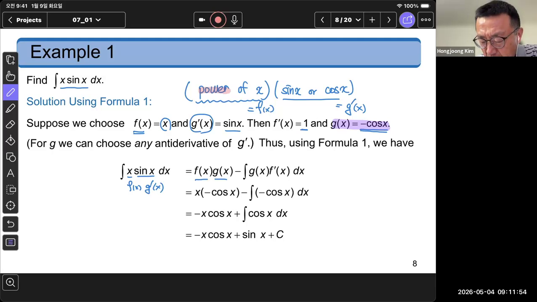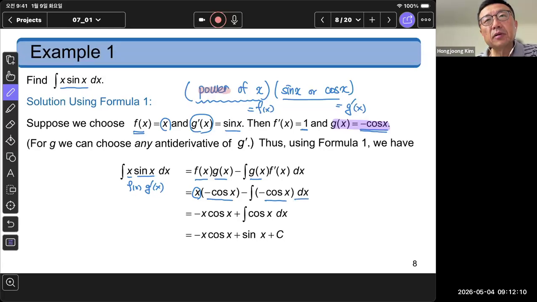Now, f of x times g of x is x times negative cosine, minus, now g of x is negative cosine, and f prime of x is 1.